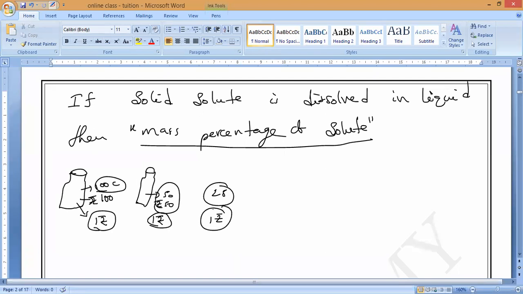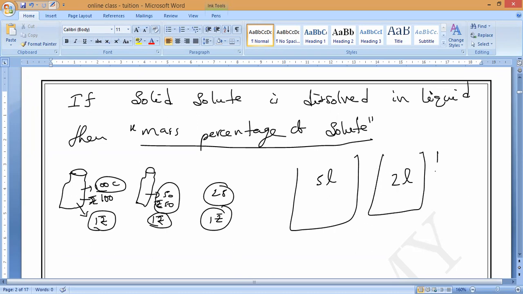Now, in the same way, if I want to calculate the mass percentage of a solute, suppose one student calculates the mass percentage of solute for 5 liters of water, the same sugar solution, another measures for 1 liter, and another for 100 grams. How?